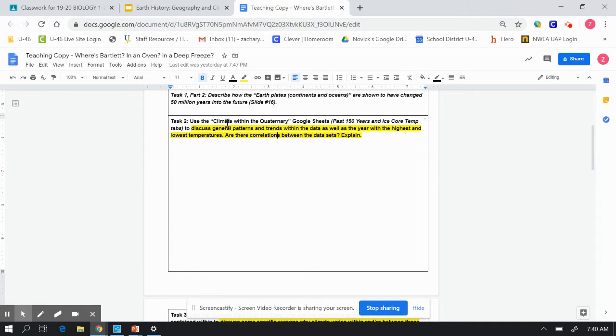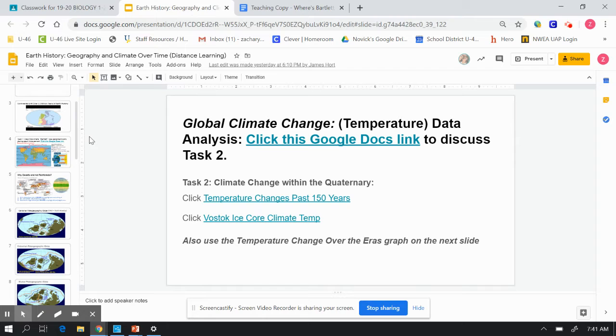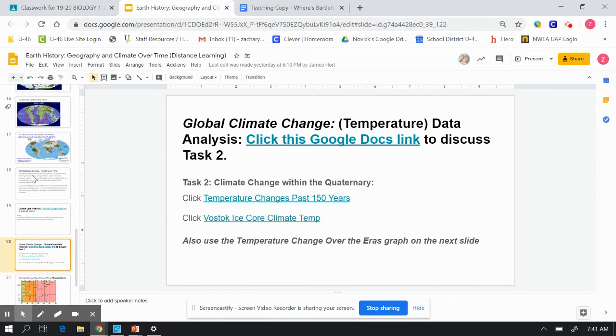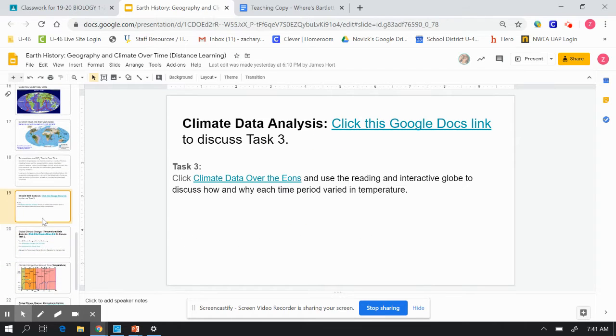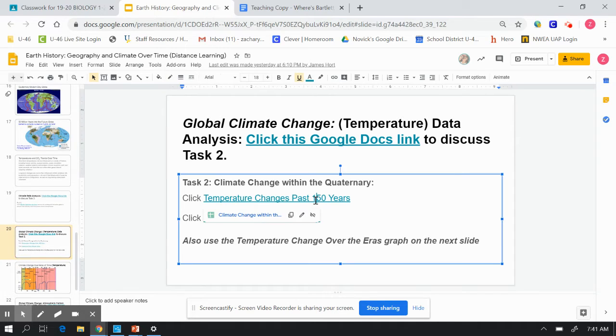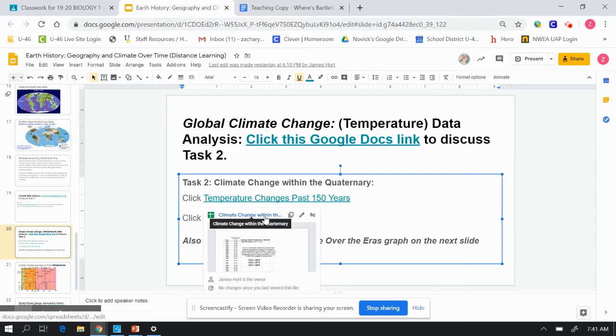They're in the climate within the quaternary Google Sheets. So to access those in the slideshow, you're going to go to slide 19. So just notice here, slide 1 all the way down to slide 19, sorry, actually slide 20, my bad, slide 20. All right, so once you click on slide 20, then you can click this link right here to access the Google Sheet.